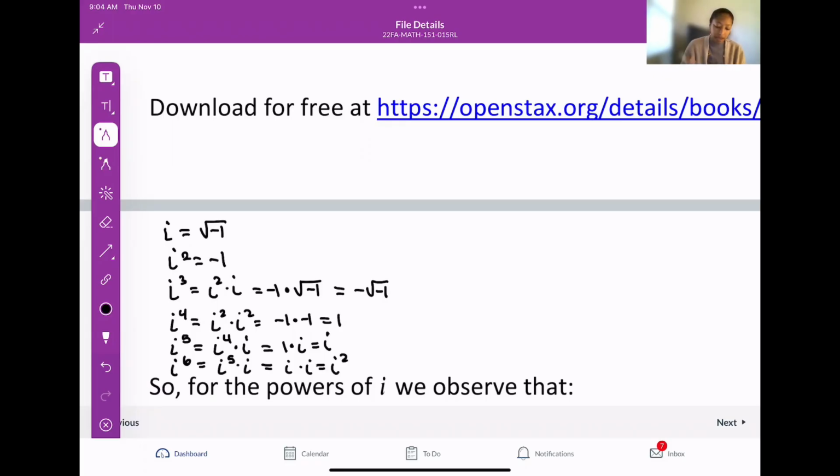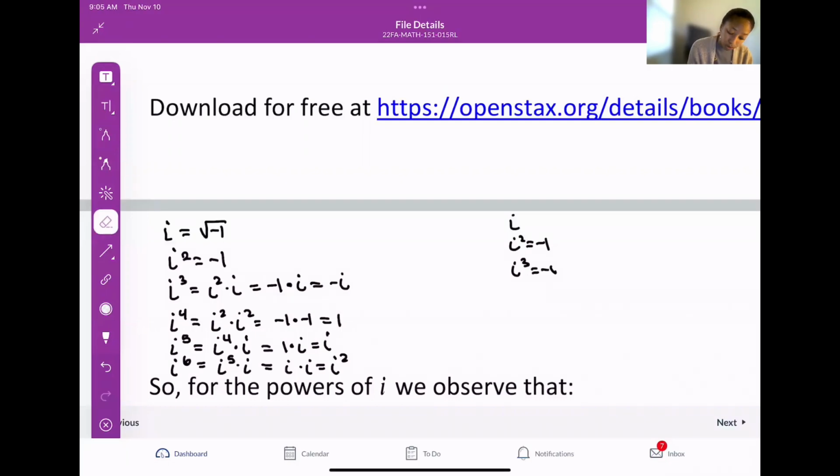This is a cyclic pattern. If I write this a little bit more clearly, we started off with i, then we had i squared, which is negative 1, then i cubed. So i cubed is negative i. i to the 4th was 1, then i to the 5th was i again. i to the 6th was i squared, which is negative 1. i to the 7th would be the same as i cubed, which is negative i.